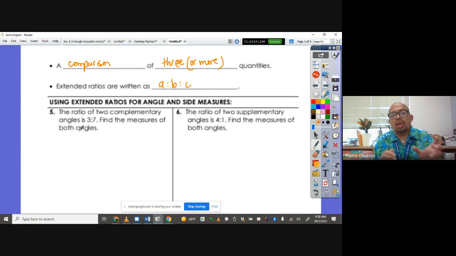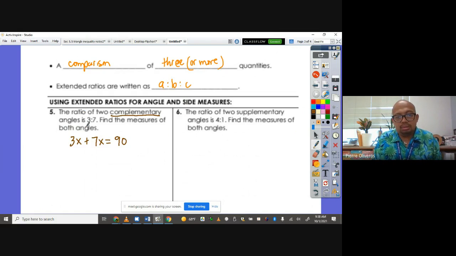So we know that there are two complementary angles. What are complementary angles? When you add them, it's equal to 90. But you know the ratio is 3 is to 7. We just simply need to write 3x plus 7x is equal to 90, because whatever the angle is, you multiply by 3 and 7 respectively, and it will give you a ratio of 3 to 7.